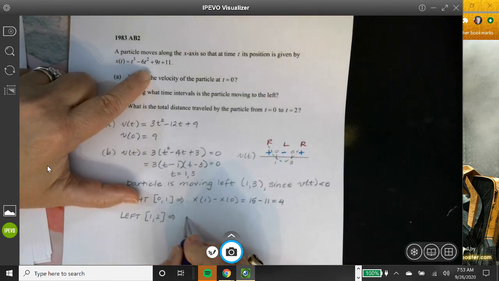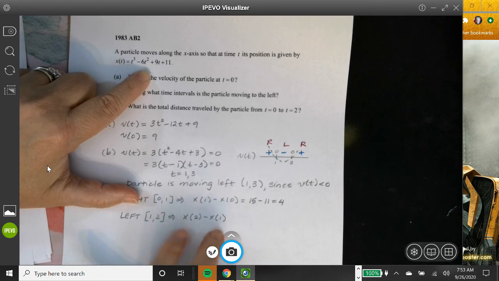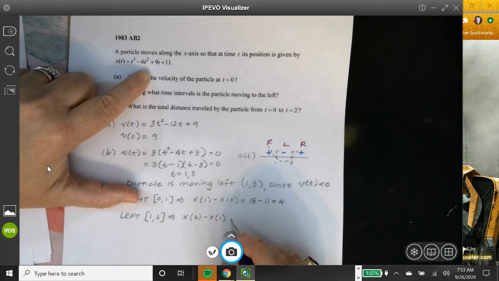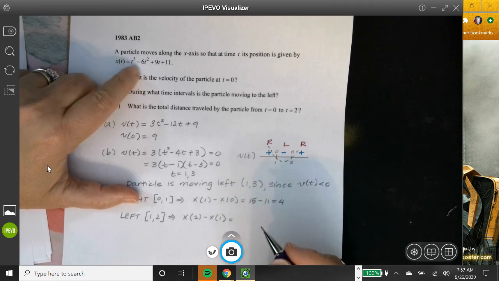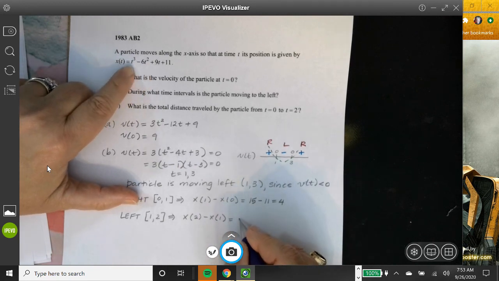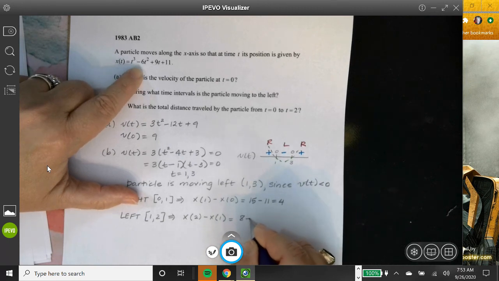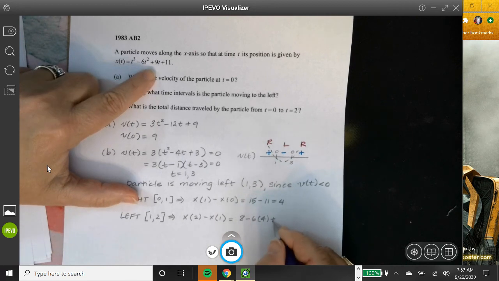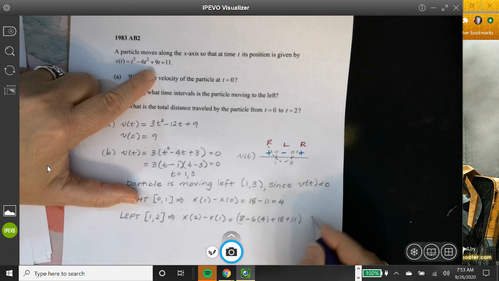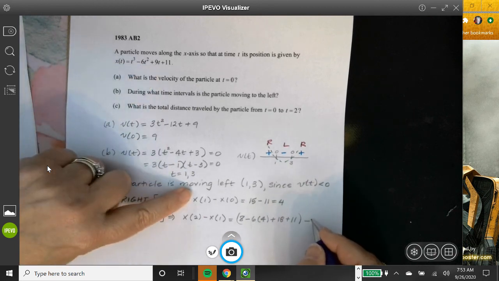Now, to the left, we're going to go x of 2 minus x of 1. Now, I know this is going to be a negative number, but that's okay because I'm moving left. So x of 2, I'm going to have to do some work for that. x of 2 is going to be 8 minus 6 times 4 plus 18 plus 11, minus x of 1, which I already calculated, which is 15.